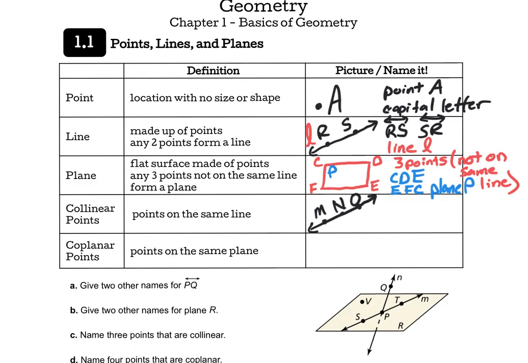We would say M, N, and O are collinear. All that means is that M, N, and O are all on the same line. They all fall on that line. I could have more than 3 points. I could add more points to that line, and then we'd have a bunch of points that would be collinear. Right now, it's just those 3.